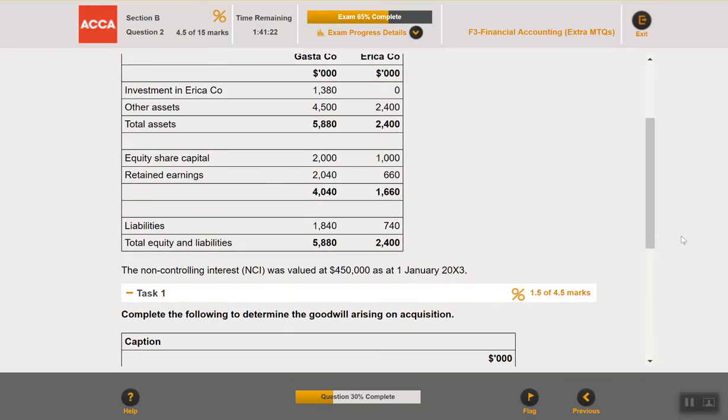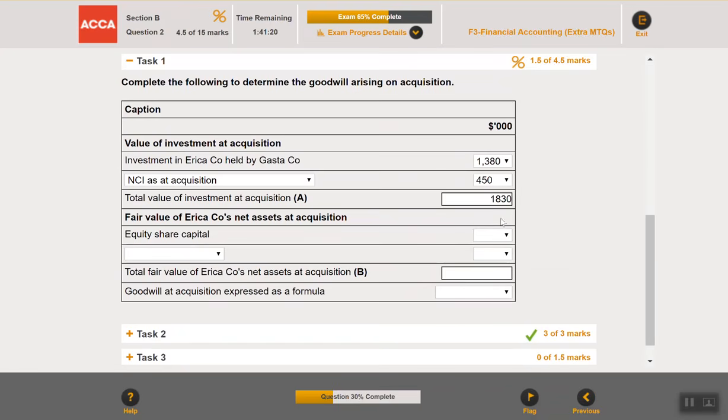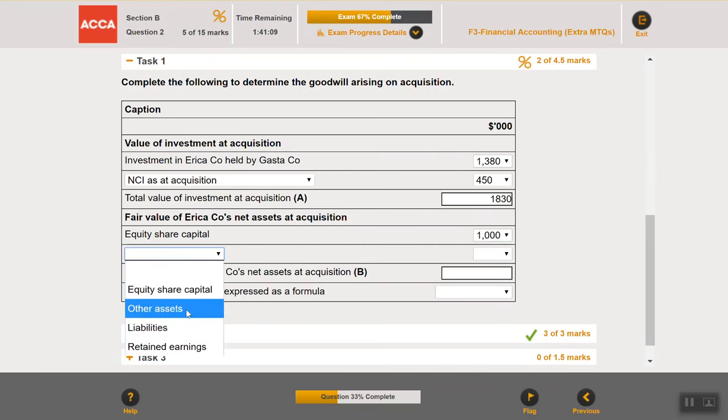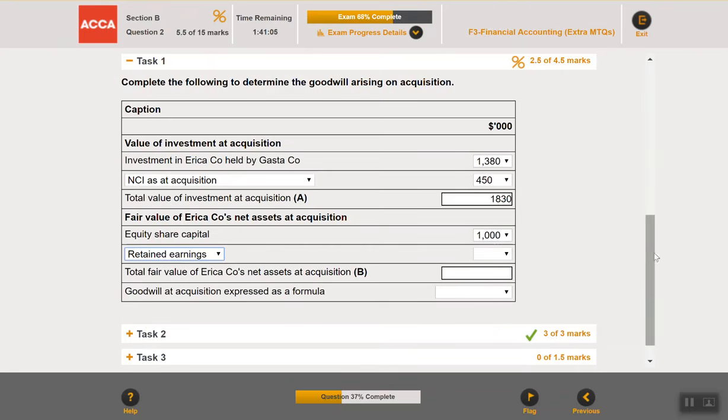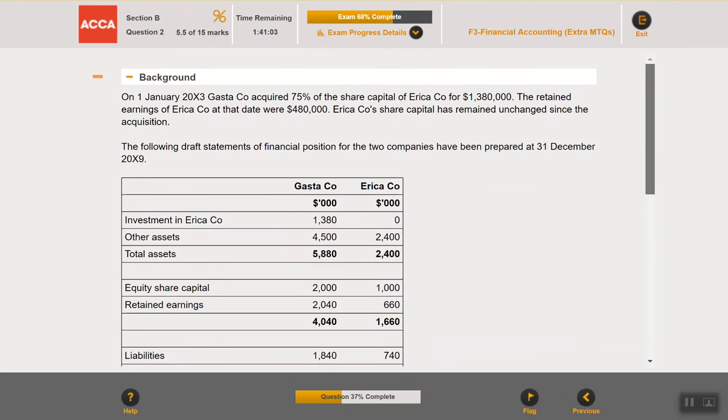So we can take the 1,000, the original figure, and then the retained earnings at acquisition, which were 480,000.